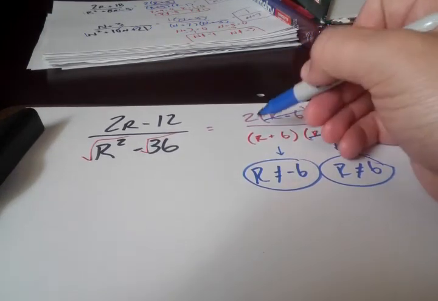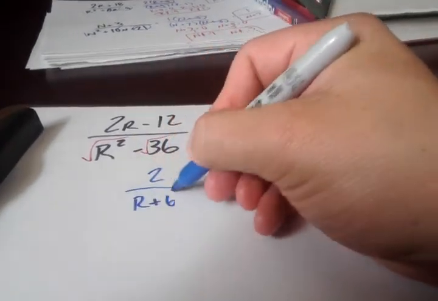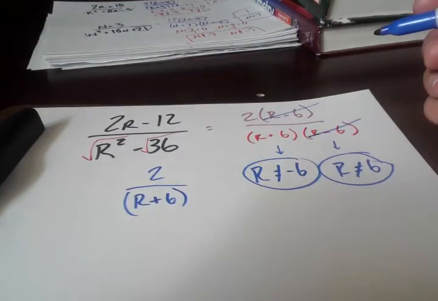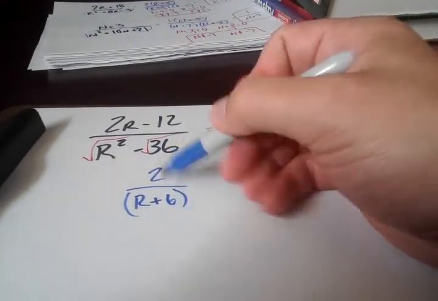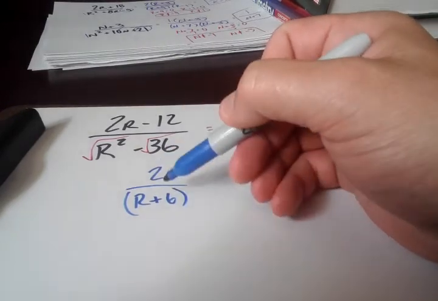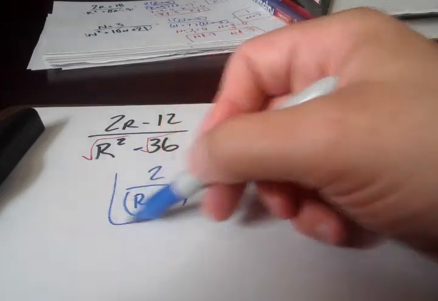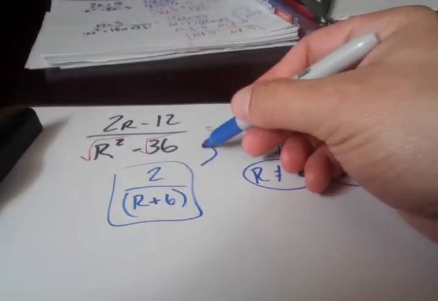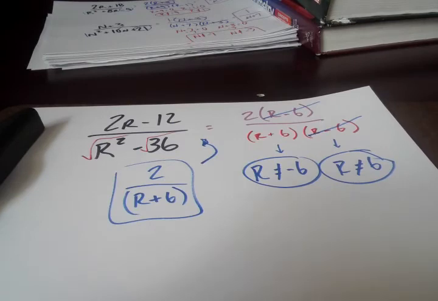So I have 2 over r plus 6, and we leave it like that. Some people might wonder, can we cancel this 2 and the 6, or can we reduce it? Well, no, because the 2 is also being divided by the r plus, so we just leave it like this. So this is the simplified version of that, and these are the 2 excluded values.